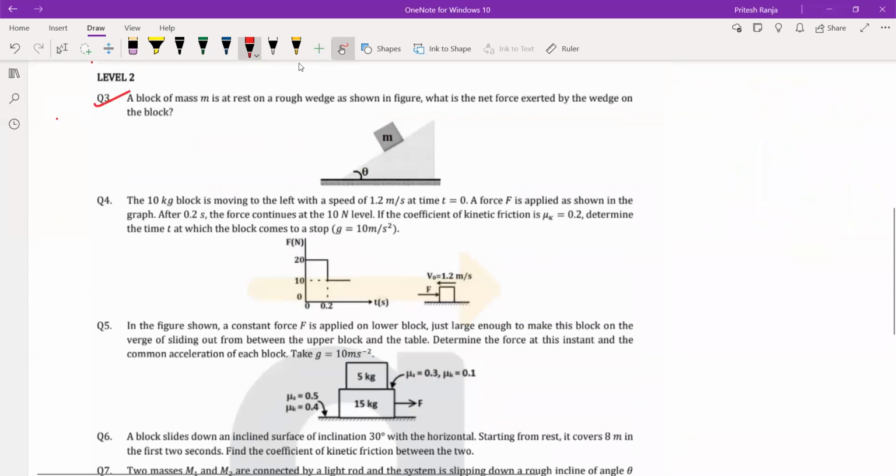So question number 3, Navya will give us the answer. Baki jiska bhi milega, they will give me. But Navya, let me know what answer you get for number 3.